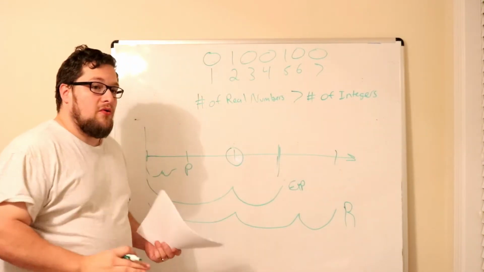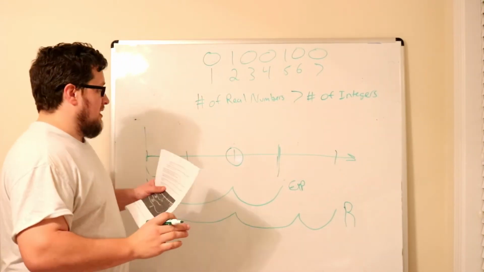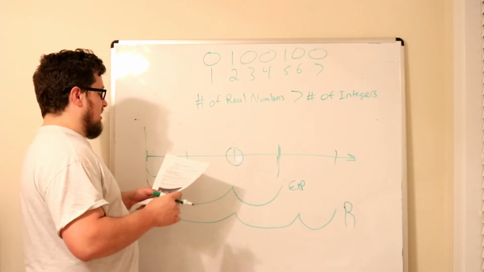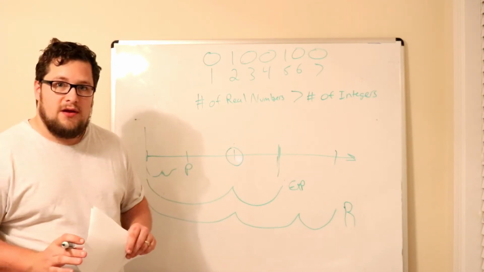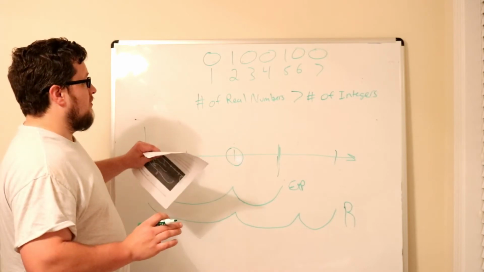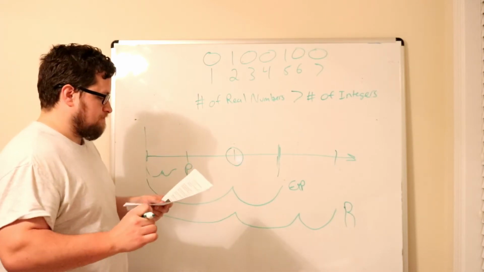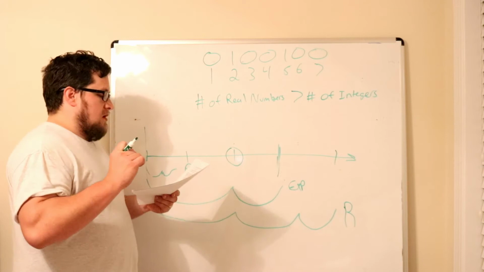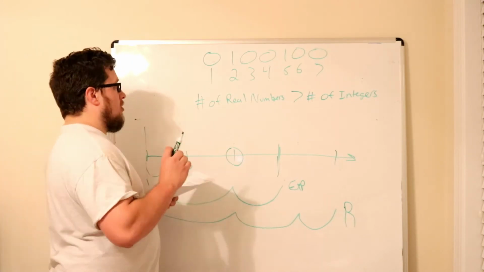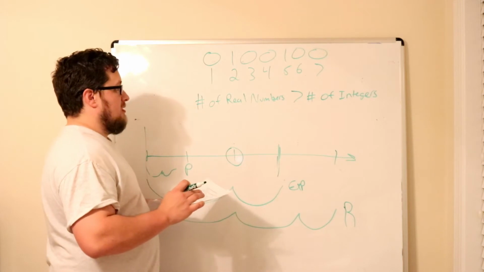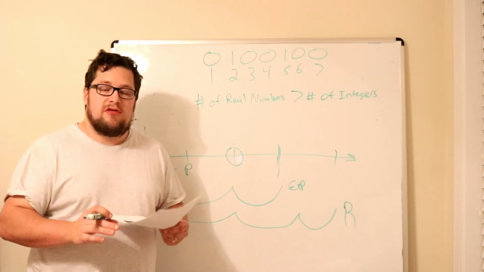And again, I know this is confusing, but basically what we're saying is that there is no way that we could have a program that solves it for every possibility.